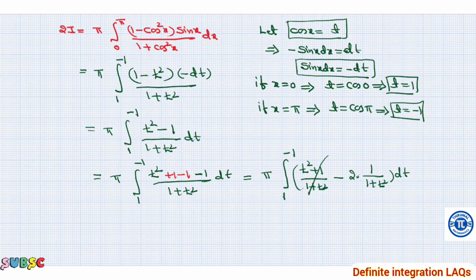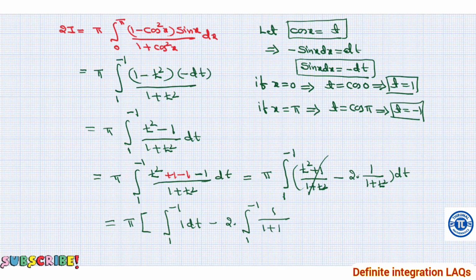Here both values are cancelled, equal to pi into integration 1 to minus 1 dt minus 2 into integration 1 to minus 1 of 1 by 1 plus t square dt.